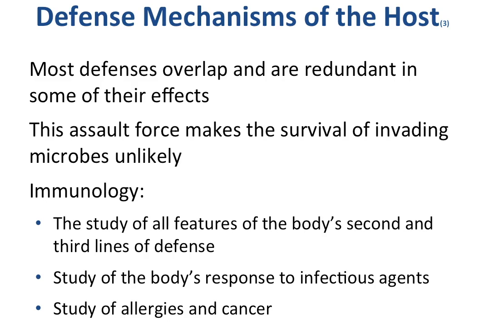We can also find T cells and B cells, which are the third line. That means all three defenses are linked to each other to enhance their efficiency in protecting ourselves.